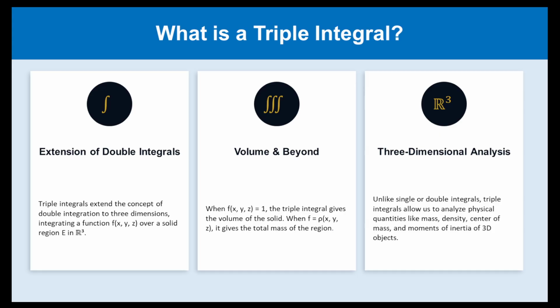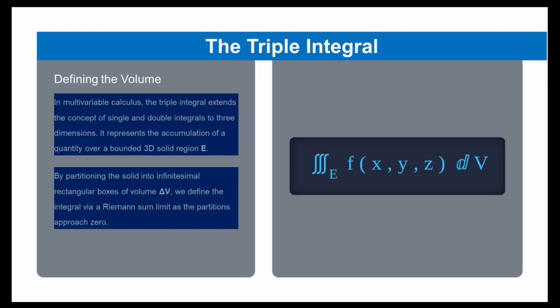The third point is that triple integrals are useful because they help us analyze different physical quantities like mass, density, center of mass, and likewise moment of inertia. So basically, triple integrals help us study real-life three-dimensional objects.